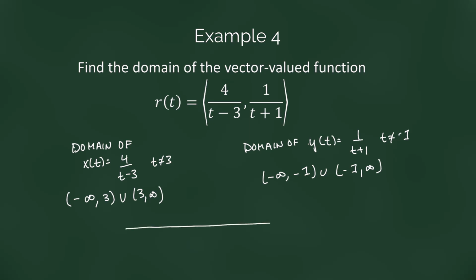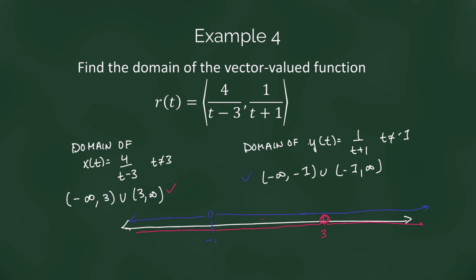So if we draw a number line here, and I'm going to mark this domain in pink. So the domain of x of t is everything except 3. The domain of y of t is everything except negative 1. So in other words, we're looking for where these two overlap.